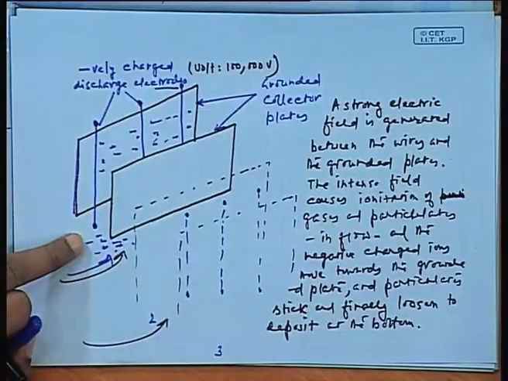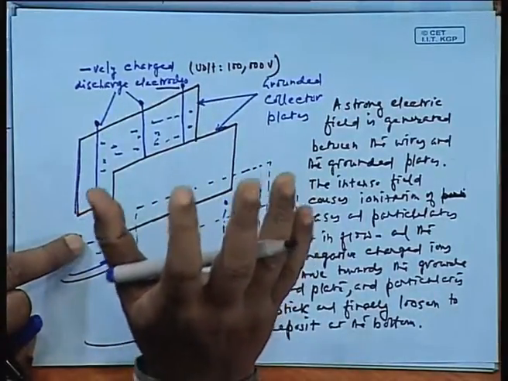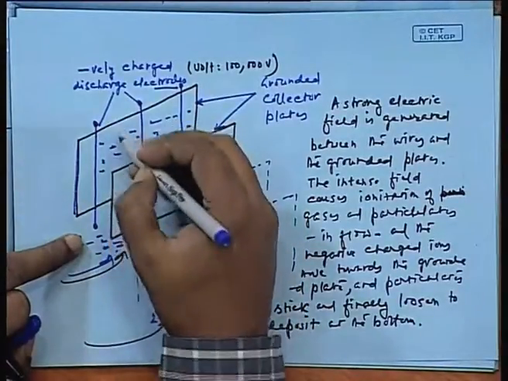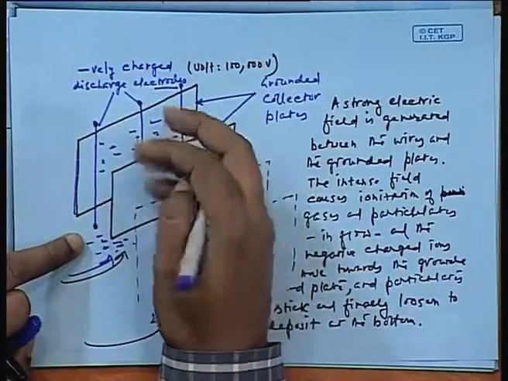They would collide with the grounded collector plates. Many of them would remain stuck to the grounded plates. Then the gaseous part would generally travel upward. They cannot remain stuck. The gas would move upward, but the particulates would remain stuck to the grounded wall, and either by gravity they would settle at the bottom, or periodically the grounded plate has to be cleaned so as to get rid of all the particulates.